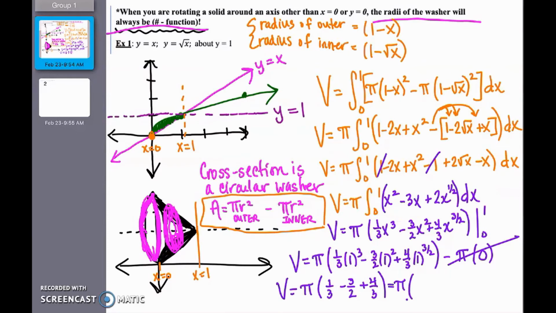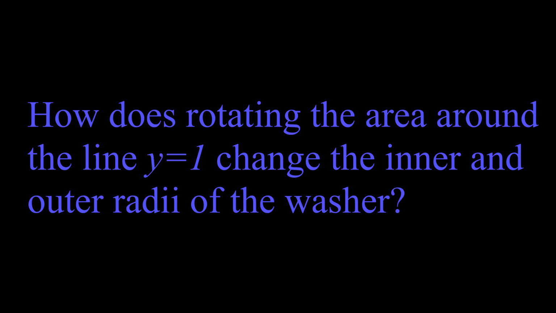So this is equal to 2/6 minus 9/6 plus 8/6, which gives me a final answer of 1/6 pi, or pi over 6. There we go. There is the volume of this rotational solid.